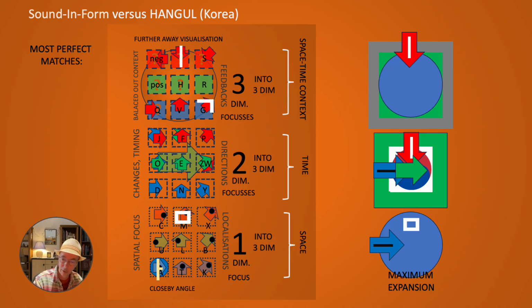And so it's a very good way to describe it, actually, the M as well, even when you compare it to the Roman script as well. It's that maximum expansion.